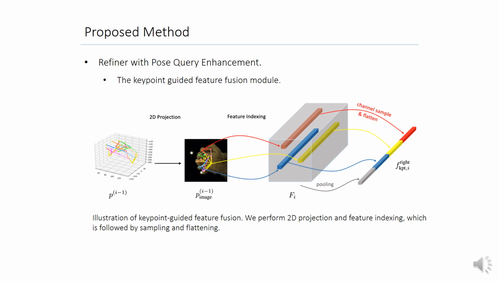After obtaining the image coordinates of the hand key points, the module conducts feature indexing on the feature map, which is followed by sampling, flattening, and concatenation. This process increasingly directs our model's attention to the features located at the key points within the image.